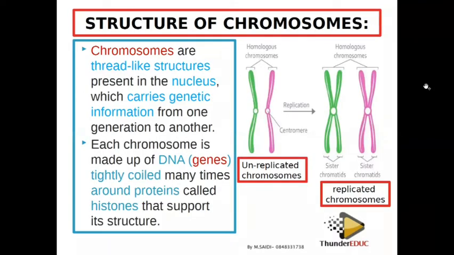Now, in this slide, we are seeing that we're having a chromosome, but before we go further, we must first define what a chromosome is. Chromosomes are thread-like structures present in the nucleus, which carry genetic information from one generation to another.